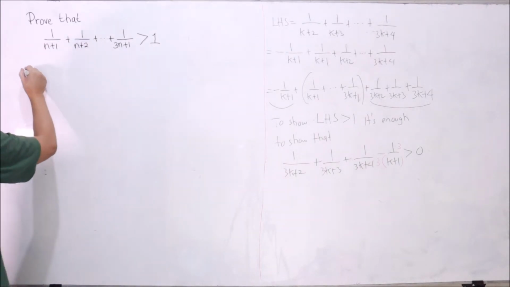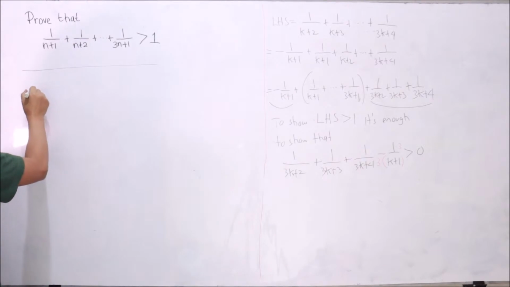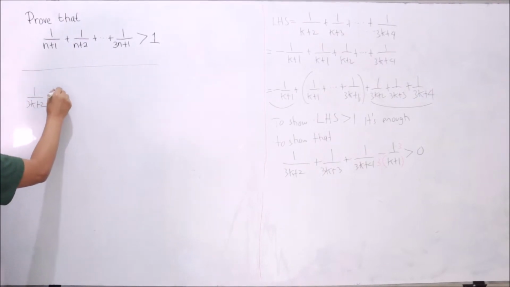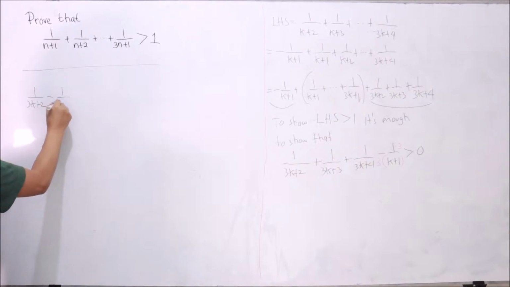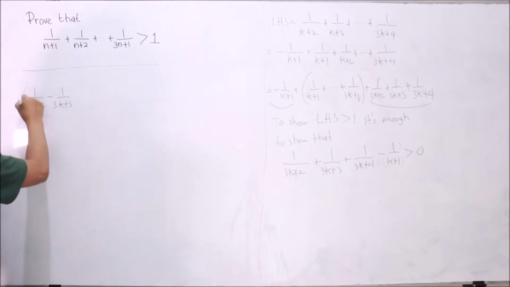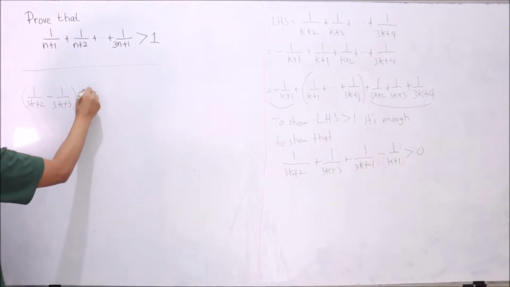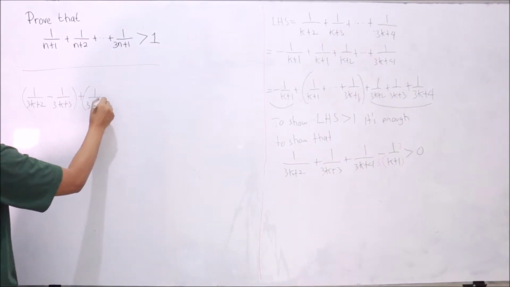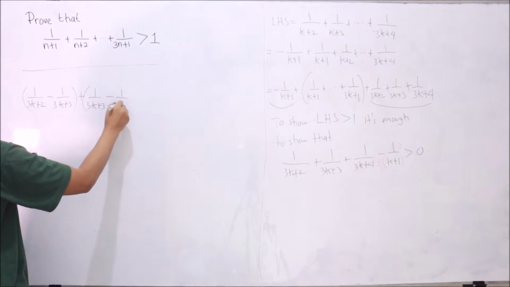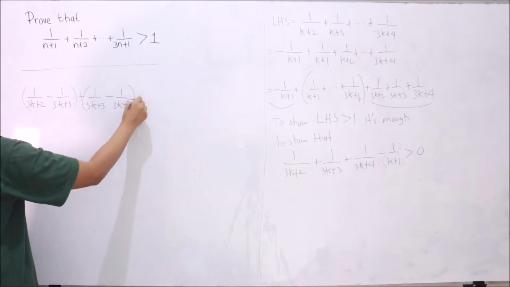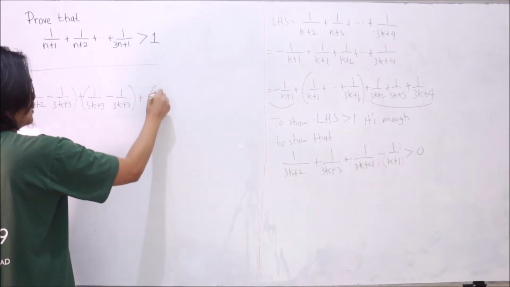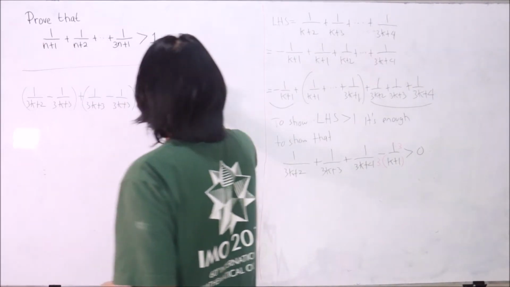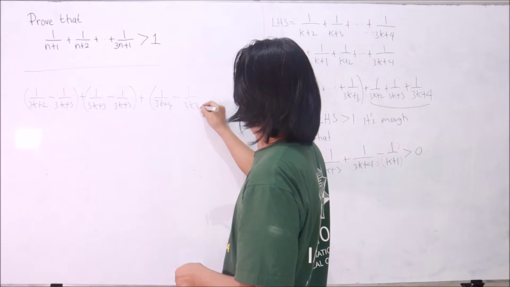So 1 over 3k plus 2 minus 1 over 3k plus 3, plus 1 over 3k plus 3 minus 1 over 3k plus 3, and then plus 1 over 3k plus 4 minus 1 over 3k plus 3.